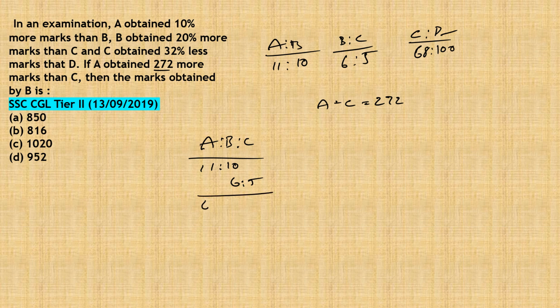11 sixes are 66, 10 sixes are 60, and 10 fives are 50. Difference between A and C, 66 minus 50, that is 16 ratio denotes 272. We need to find the 60 ratio. 4 fours are 16, 4 sixes are 24, 4 eights are 32.